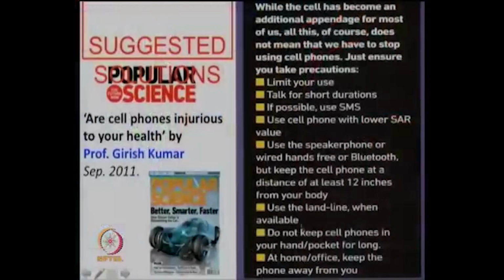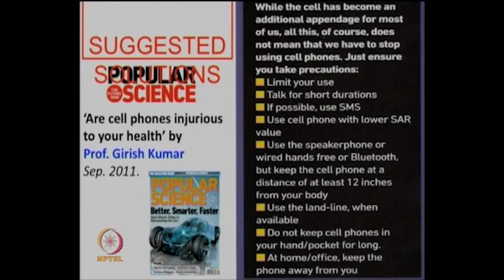Now if possible, please use landline. I know that in many places people are removing their landline. I strongly urge people to start using landline, because there is no radiation there. Also I recommend that you do not keep the cell phone in your pocket for long. The reason is that even if you are not using the cell phone, it is still transmitting 1 pulse per minute to the base station.